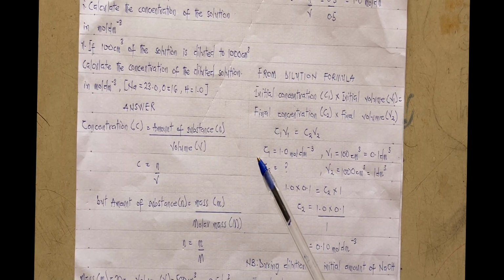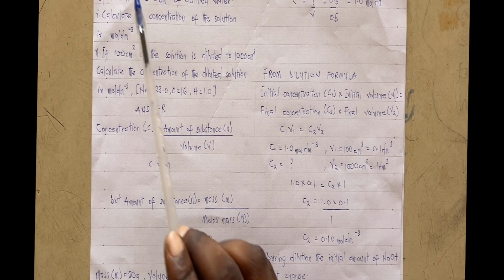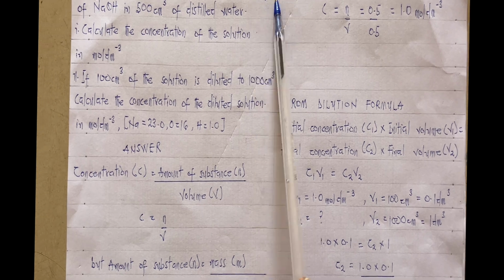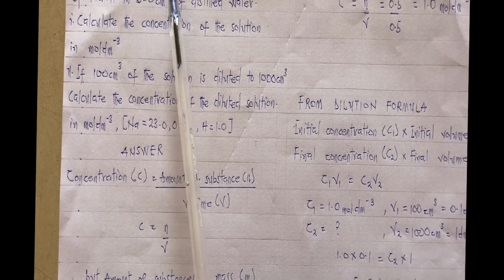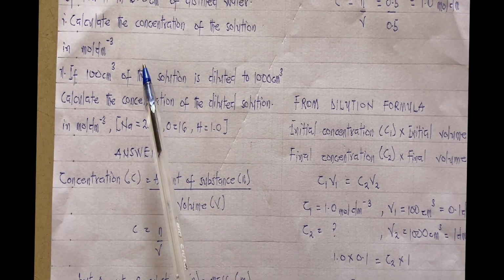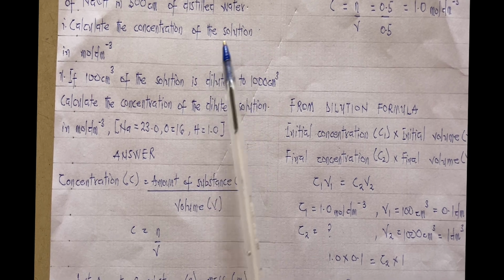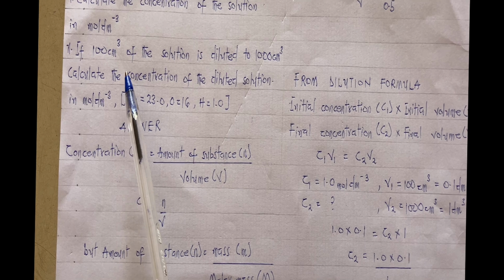All right, we have been given a question here also to look at in mole concept. A solution was prepared by dissolving 20 gram of NaOH in 500 cm cube of distilled water. Now, we have been asked to calculate the concentration of the solution in mole per dm cube. So now we are looking for concentration.